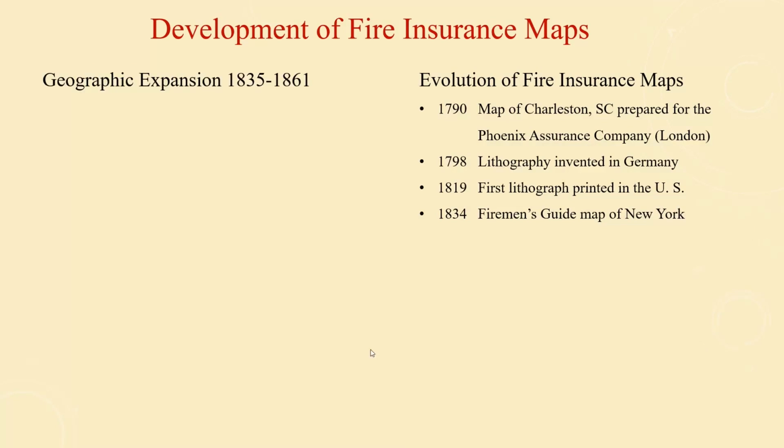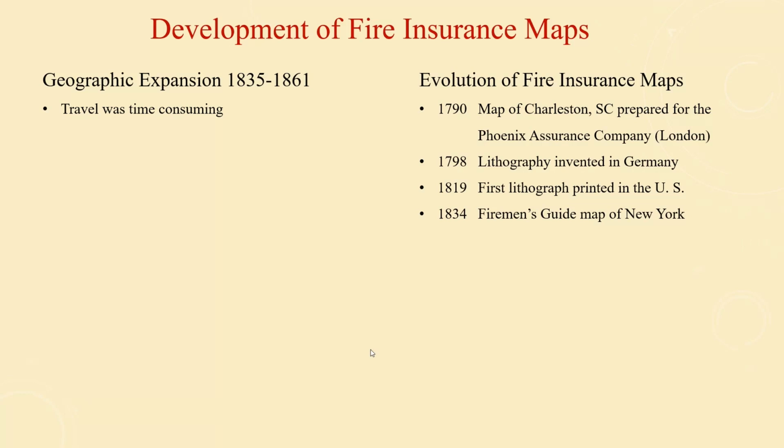But at that point, let me shift over to the geographic expansion of the fire insurance companies. We saw that in 1835, that was a game changer. And so companies had to expand out, but there were some obstacles to that. One of them is that travel was not very easy in the 19th century, especially the early 19th century.